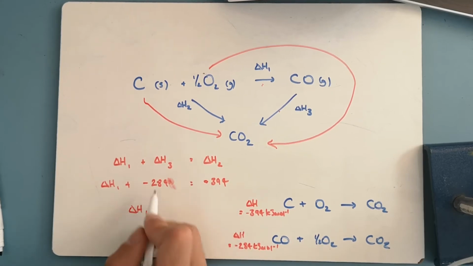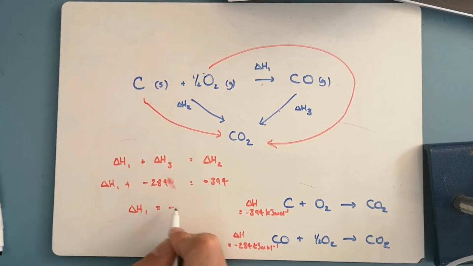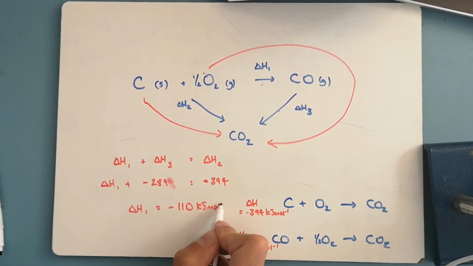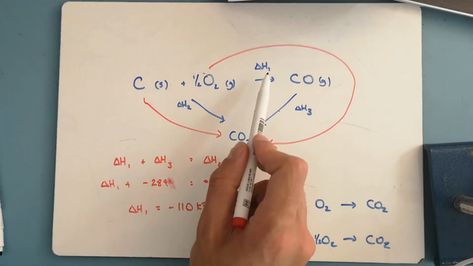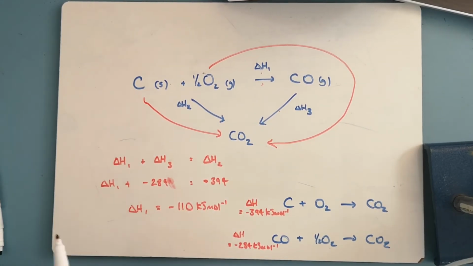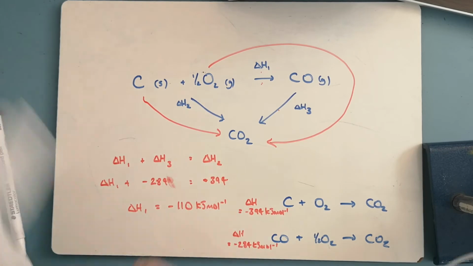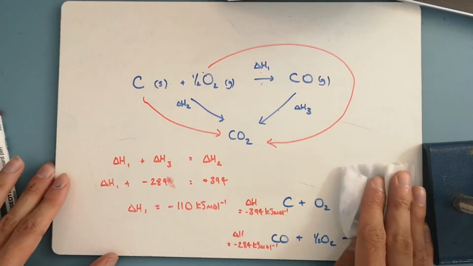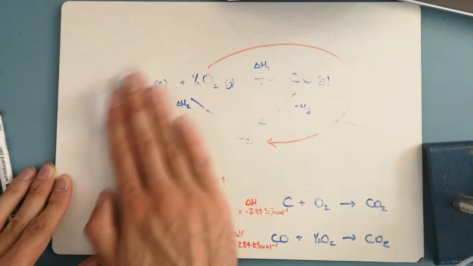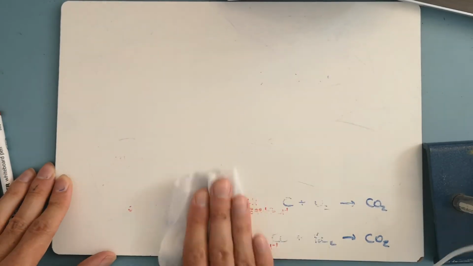So if I take minus 284 from both sides, I will get minus 110 kilojoules per mole. And that's how I can use this data to work out what delta H1 was. So that's using combustion data, which we can often work out very, very easily and do in the labs. It's often quite easy to work out those values.